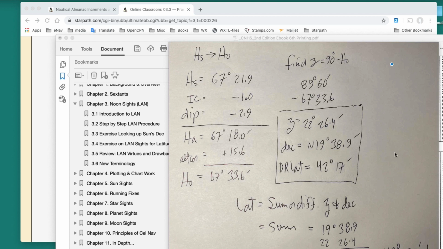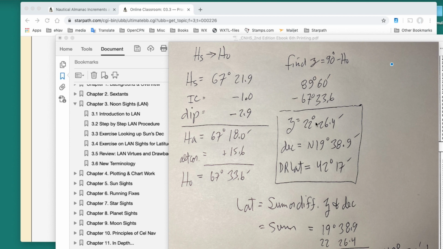All right, now what we need is to come back and find out what the zenith distance is, the Z value. I'm not doing a theory on the noon site here. We're just working one. But I'll tell you the punchline: here's the declination. Now we're going to find this zenith distance, which is 90 minus the corrected sextant height.